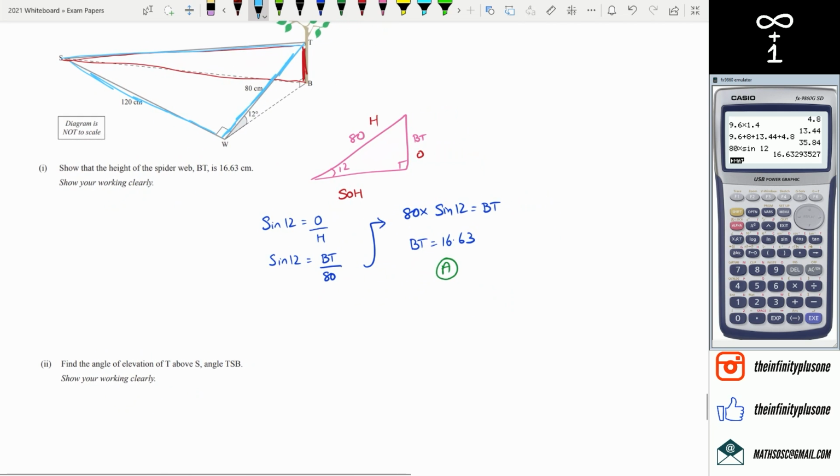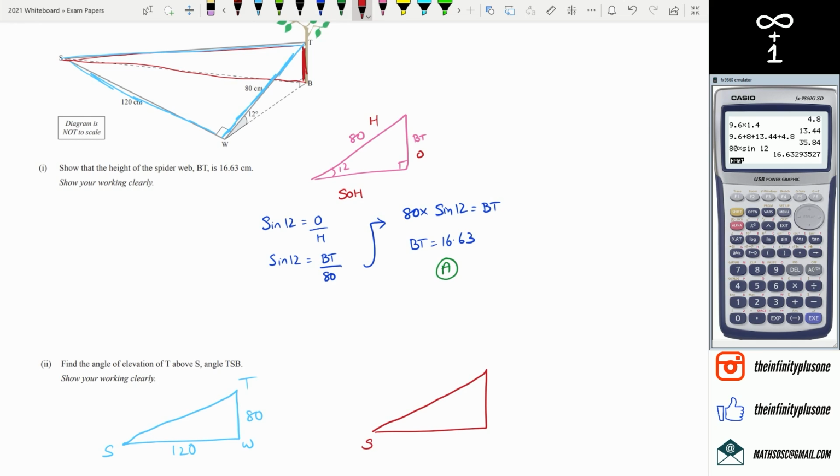So that's what I'm going to do here. I'm going to work out STW, where this is 80 and 120. Then if you look at my red triangle, I've got STB, and we're trying to find the angle TSB. We've figured out that TB is 16.63 from the previous question.